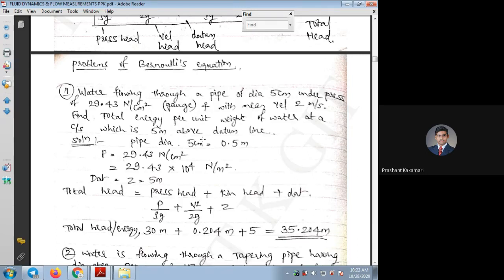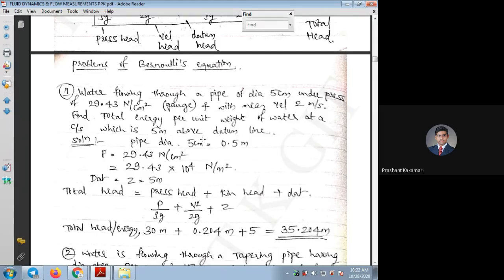The pipe is at 5 meters above the datum line. So if you consider any line as 0, or our floor at 0 point, from that point it is kept at 5 meters, around 2 floors above, or 1.5 floors above. At that point we need to find out what is the total energy per unit weight of this water.